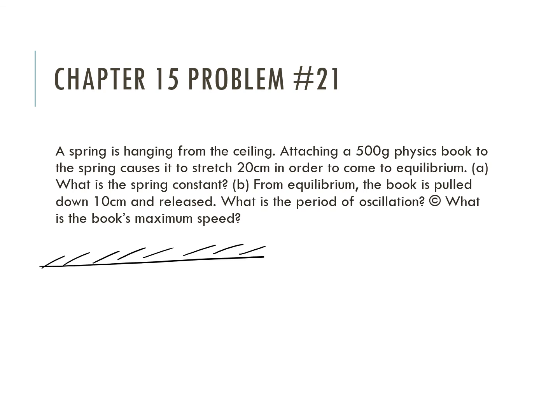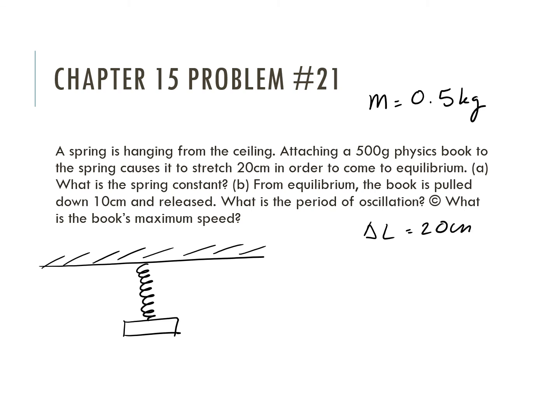So we're going to have some spring with a rectangular, somehow sealed shut physics textbook, which has a mass of 500 grams or 0.5 kilograms. And we are told that delta L is 20 centimeters or 0.2 meters. So if we didn't have the spring, we would be 20 centimeters different.